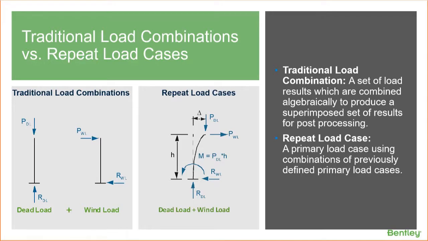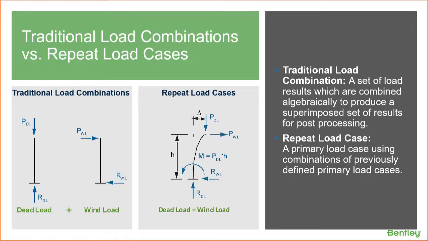You can create traditional load combinations, which would be most appropriate for a linear elastic analysis, or you can also generate repeat load cases, which would be appropriate for any type of second order analysis, including any type of P-delta analysis, direct analysis, or also if your model contains tension or compression only members.